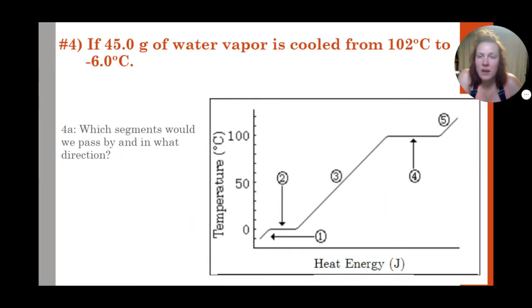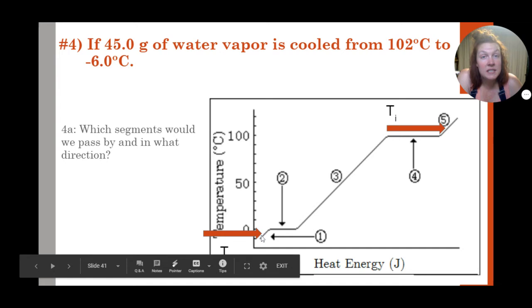Number 4 says, if 45 grams of water vapor is cooled from 102 degrees Celsius to -6 degrees Celsius, which segments would we pass by and in which direction? So we're starting at 102 degrees Celsius, which is just slightly higher than boiling point, and we're ending at -6 degrees Celsius, which is just below freezing point or melting point.